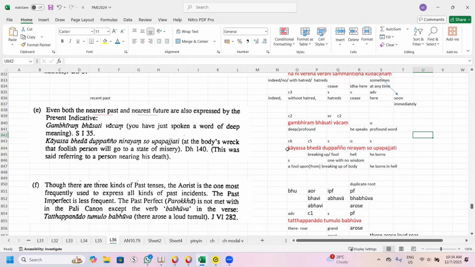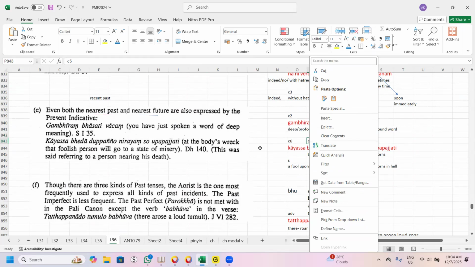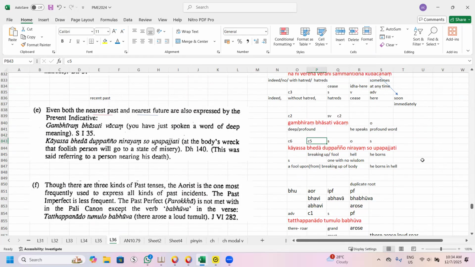The next one is Kayasa Beda Dupano Nirayang So Upajati. Okay. So what you do is this is Kaya Veda. You will understand that this is the subject. Dupano means a person without wisdom, a person who is not wise.